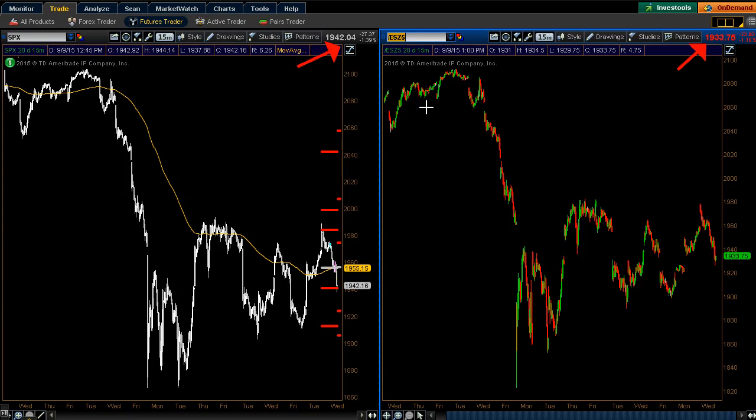Starting next Friday, when this current ESU5 contract expires, that contract goes out cash settled and disappears, and the new contract is going to be about an 8-point difference from the SPX.